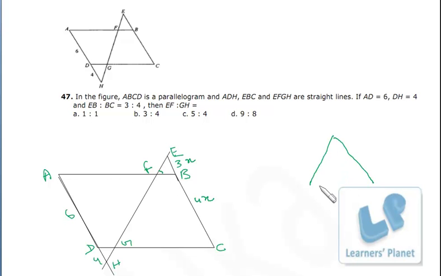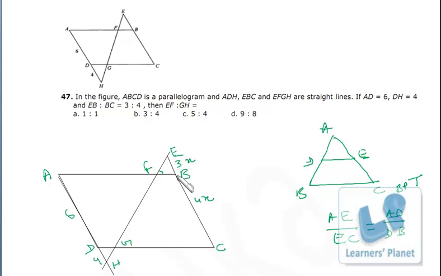Let me go for a quick recap. See triangle ABC, and here DE, if it is parallel to BC, then AE by EC will be equal to AD by DB. That is the basic proportionality theorem. Pretty simple.